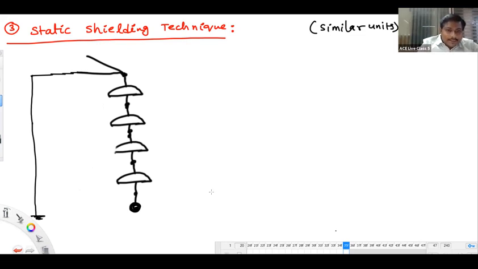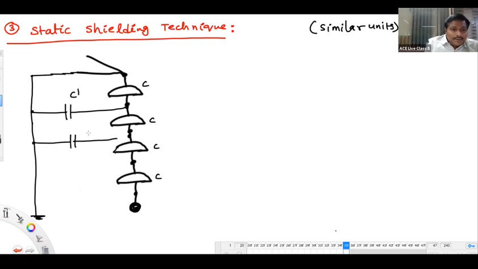Listen. Each disk will have a capacitance of C, obviously. And there is a shunt capacitance formation here, you can call it C dash. Currents in the disks are I1, I2, I3, I4.